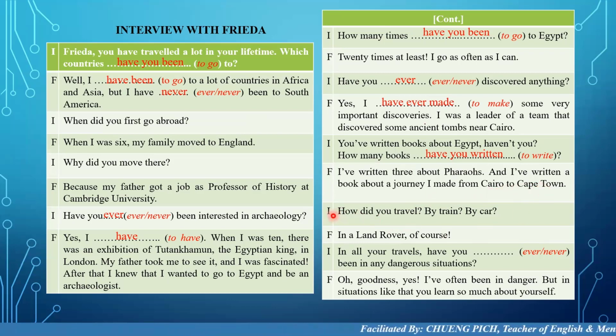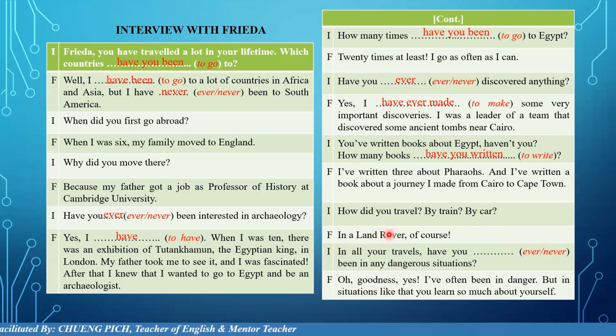Interviewer: How did you travel, by train or by bus or by car? Freda: In a Land Rover, of course. Interviewer: Finally, in all your travels, have you ever or never been in any dangerous situations?